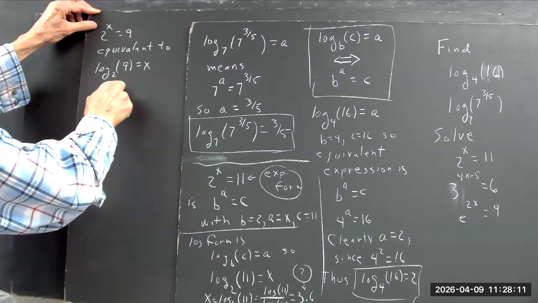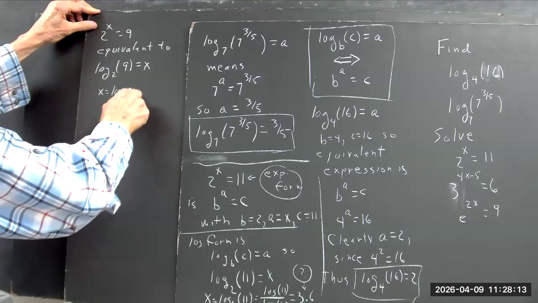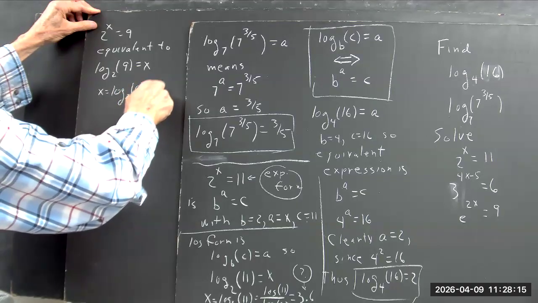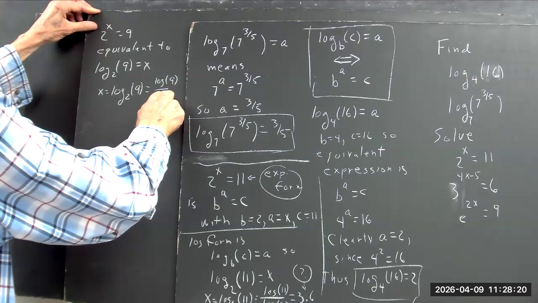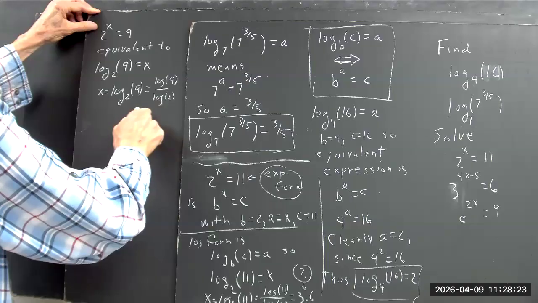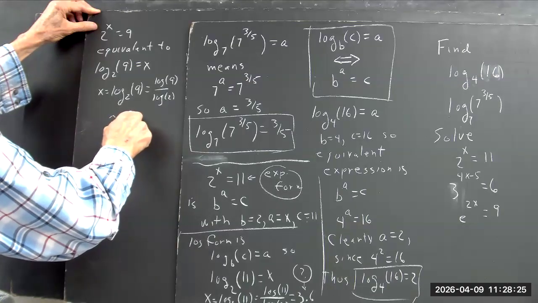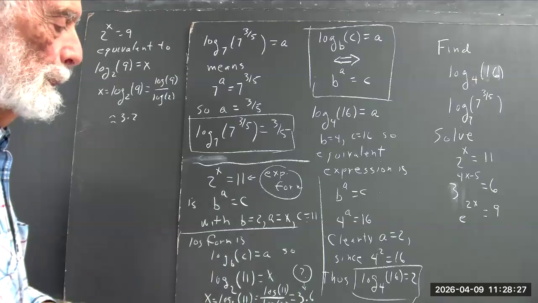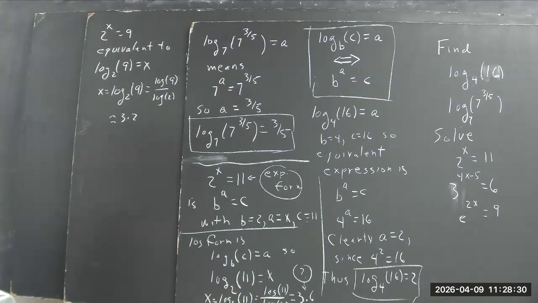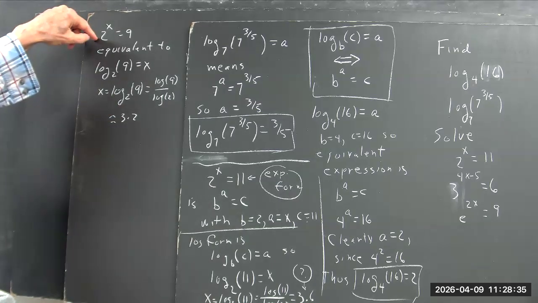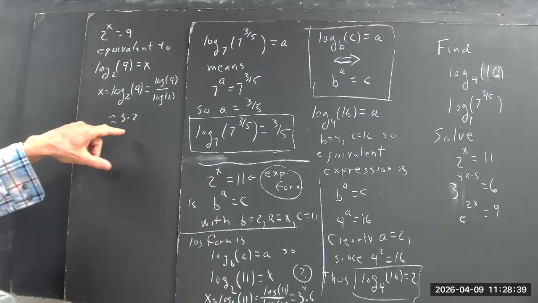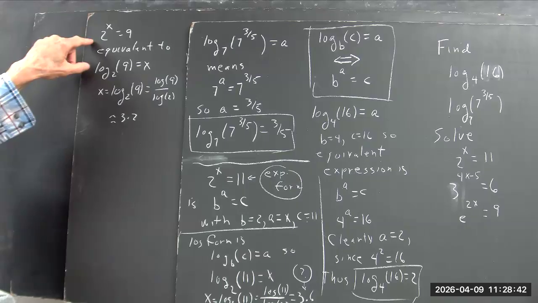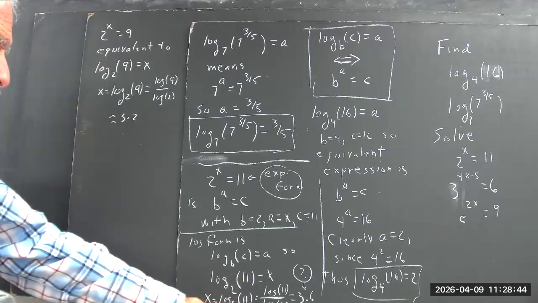So x equals log base 2 of 9 equals the log of 9 over the log of 2. That's going to be approximately 3.2, somewhere between 3.1 and 3.2, I think. Okay. And that's easy to check because 2 to the third power is 8. And 9's just a little bigger than 8. So you need just a little bigger power of 2 to get 9.